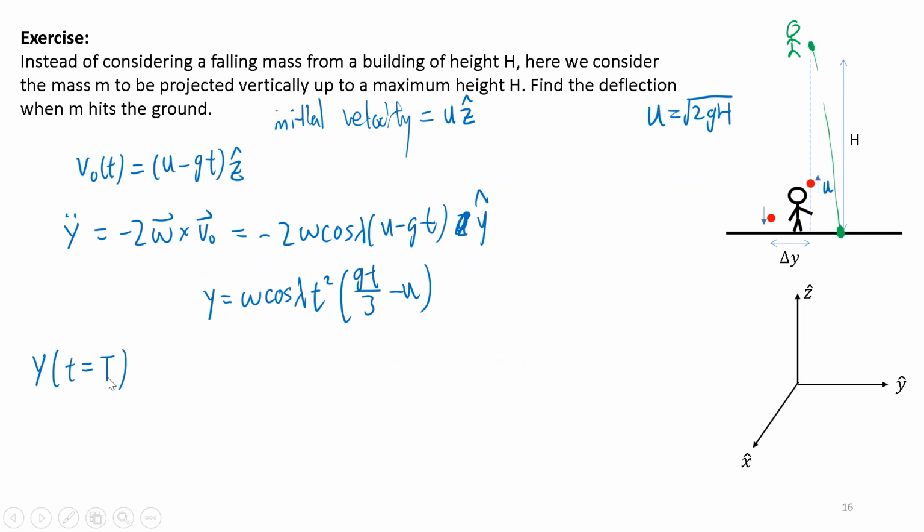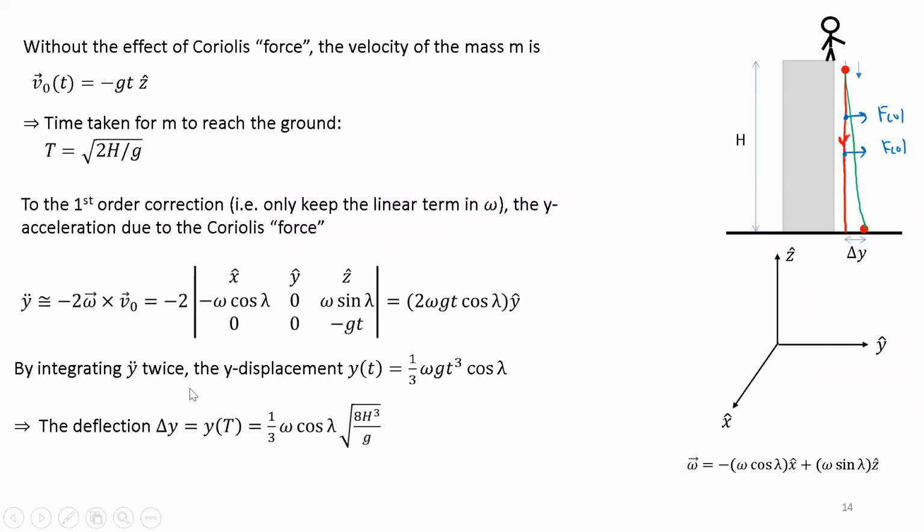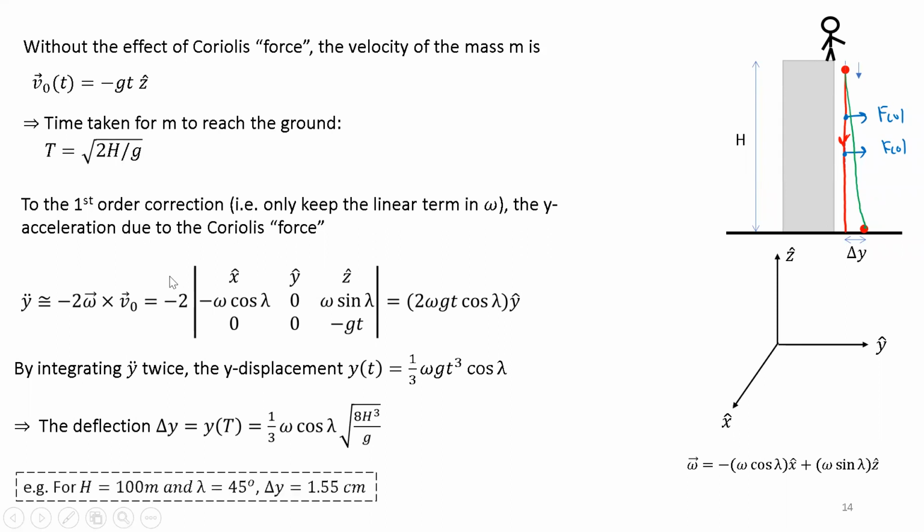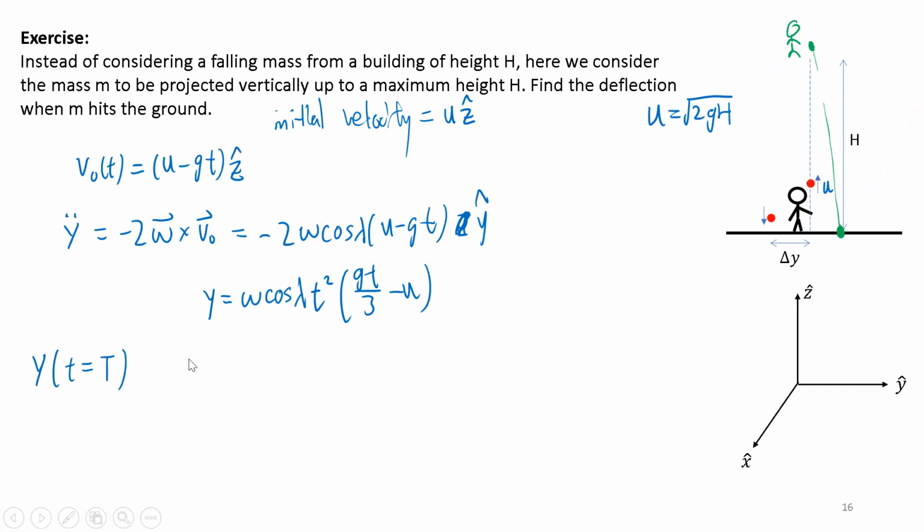So what is capital T? Capital T would be 2 times this, 2 times the square root of 2h divided by g. So that is y at t equals 2 times the square root of 2h divided by g.